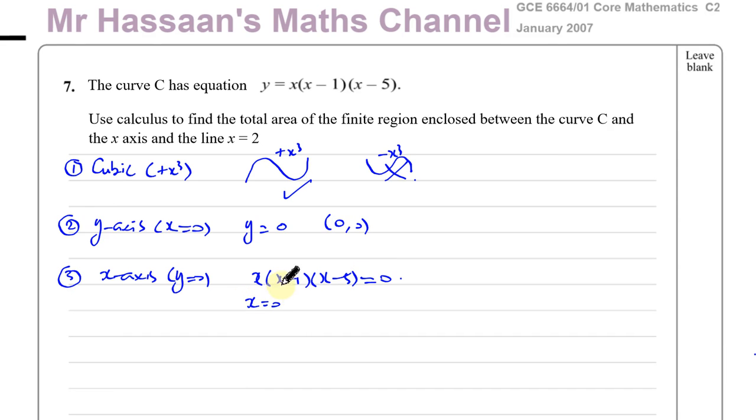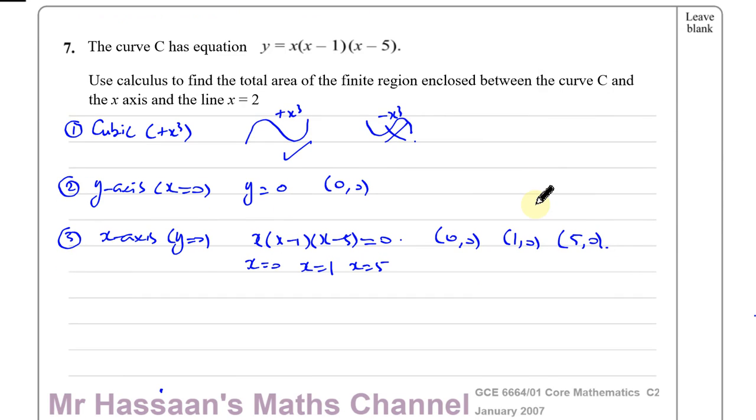Either x is 0, or x minus 1 is 0, in which case x equals 1, or x minus 5 is 0, in which case x equals 5. So it goes through the origin, through the point (1, 0), and through the point (5, 0). Now we have all the information we need to sketch this curve.